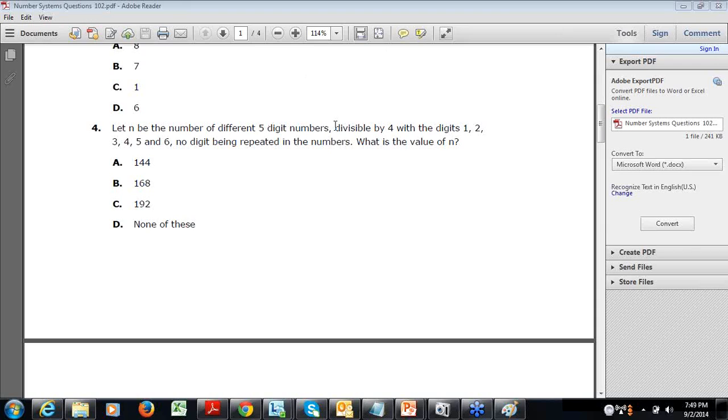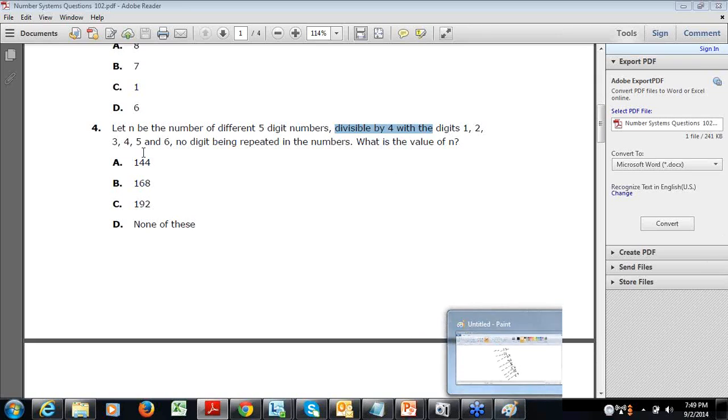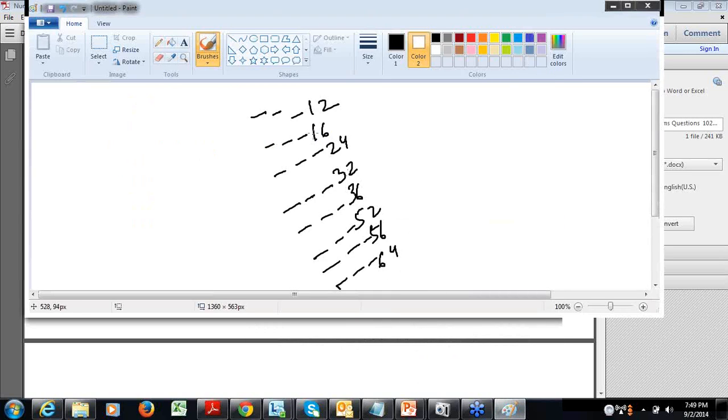So what is the divisibility rule of 4? Last 2 digits should be divisible by 4, then the number is divisible by 4. So how many numbers can be formed with 1, 2, 3, 4, 5, 6 with the last 2 digits divisible by 4?